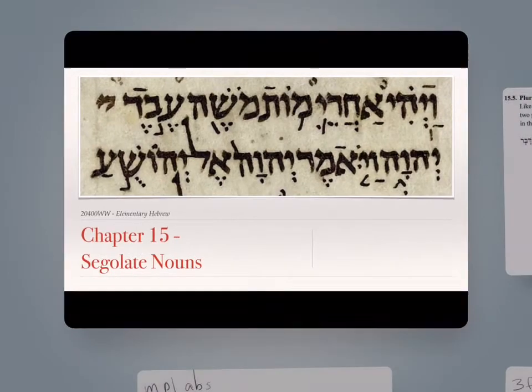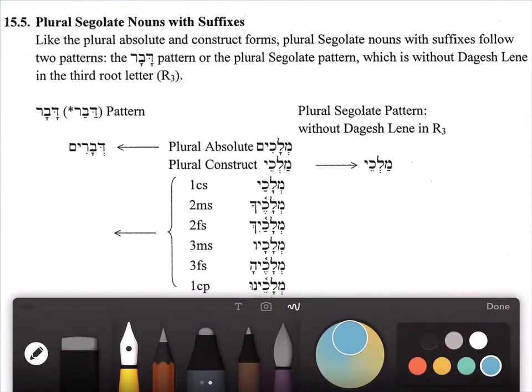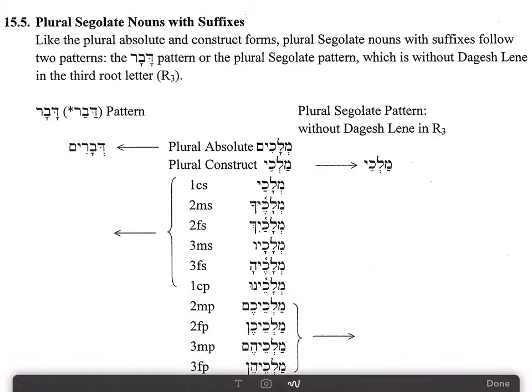The other trick that we have to talk about is when we get into plural segolate nouns. We have to look at different vowel patterns. For instance, the pattern we use here is the davar pattern. This word here is a segolate noun, melech, but if we're trying to say kings, plural, it actually goes melachim.